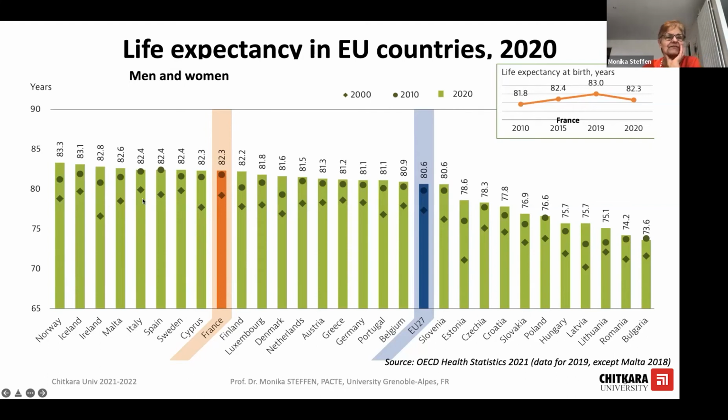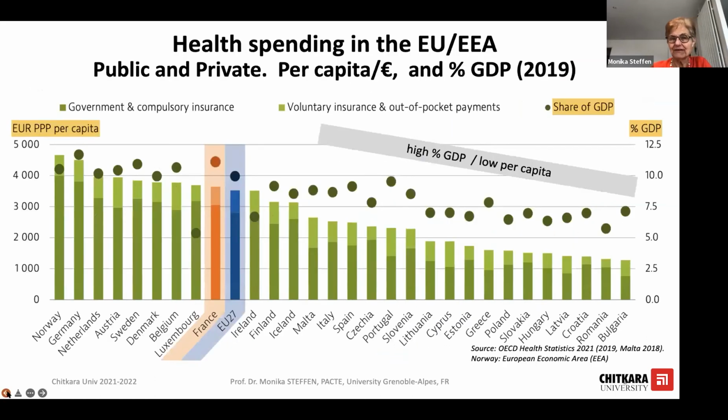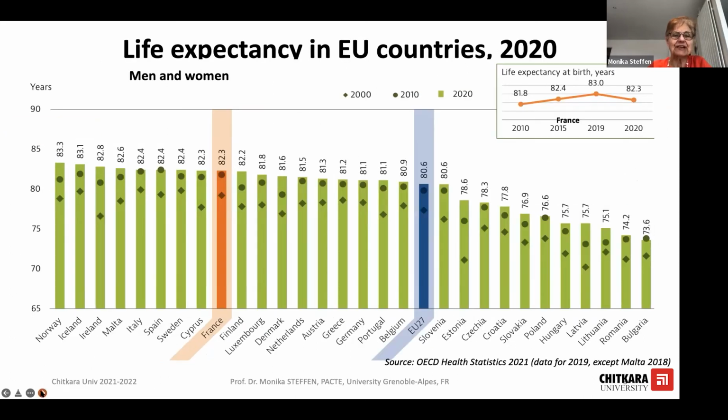We find quite a different picture than in the expenditure. So the first thing we can deduce from this is life expectancy does not depend on health expenditure. Otherwise, you would have a very similar statistic like we had here, with these countries, Germany in front, and Netherlands and Austria, but this is not what we see for life expectancy.